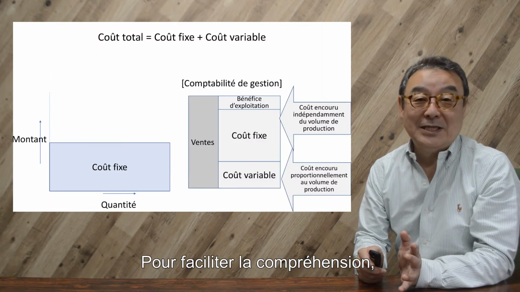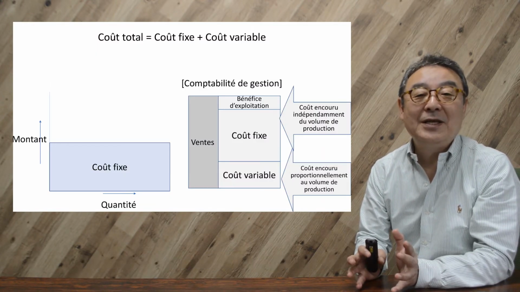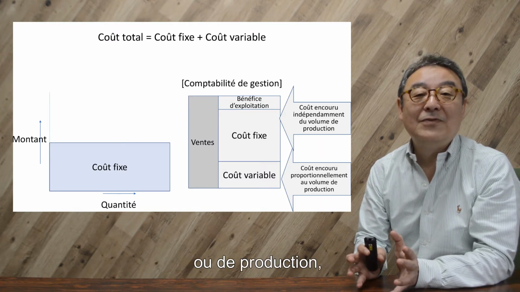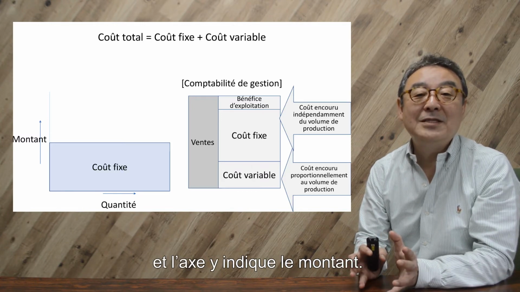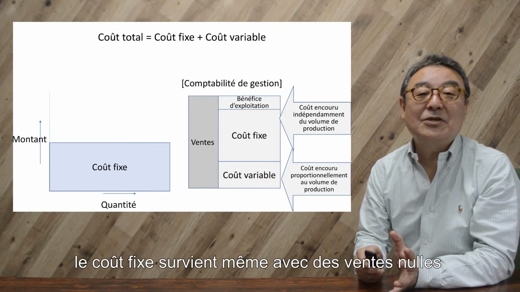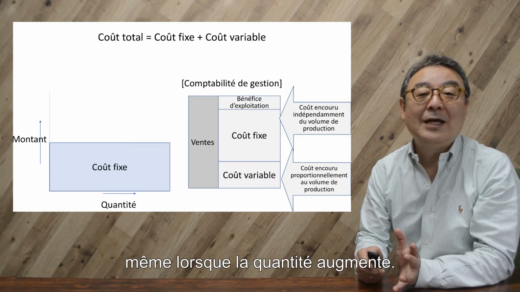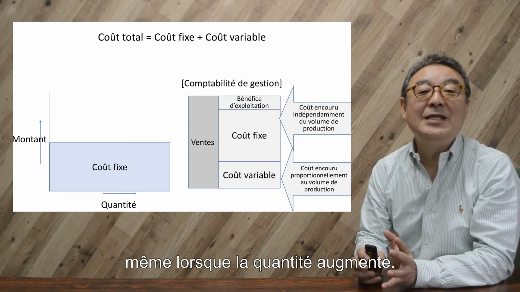For your easy understanding, I'll show the graph for the structure. The X-axis is the quantity of sales or production, and the Y-axis is amount. The mentioned fixed cost occurs even at the zero sales, zero production point, and it does not change even if quantity is increasing.